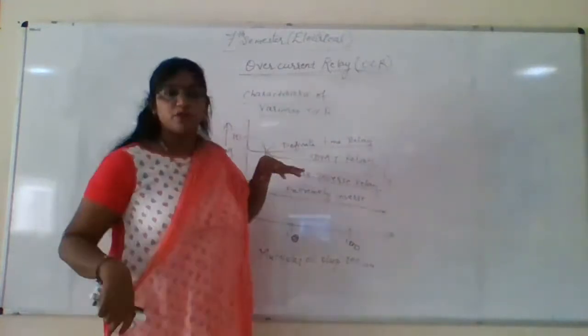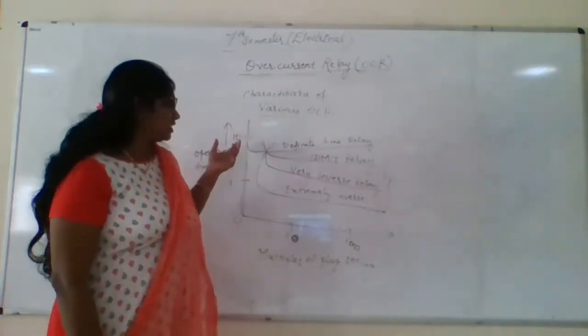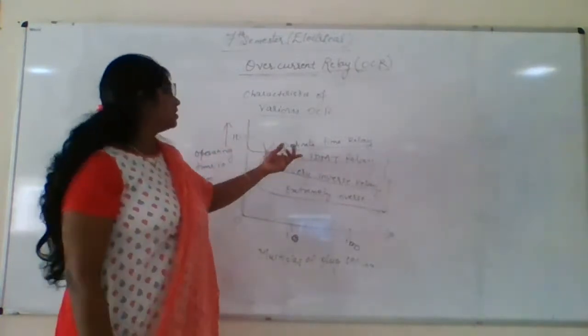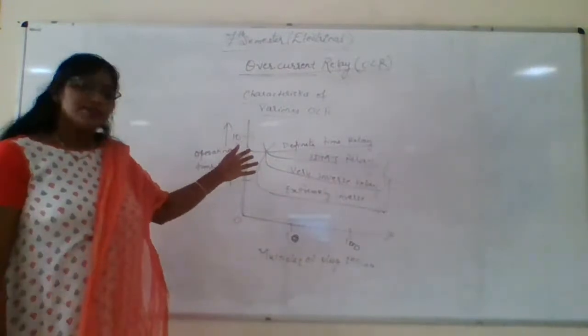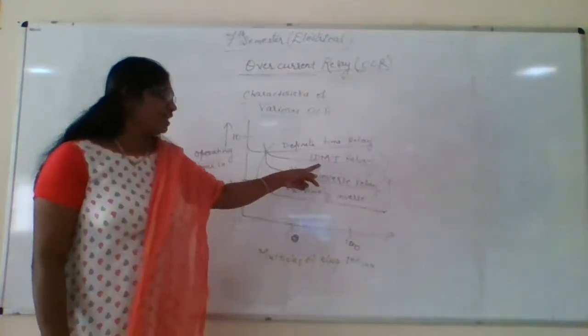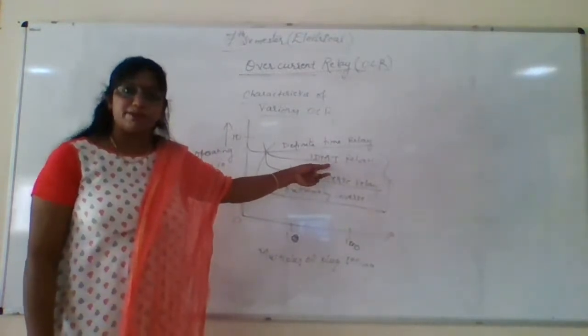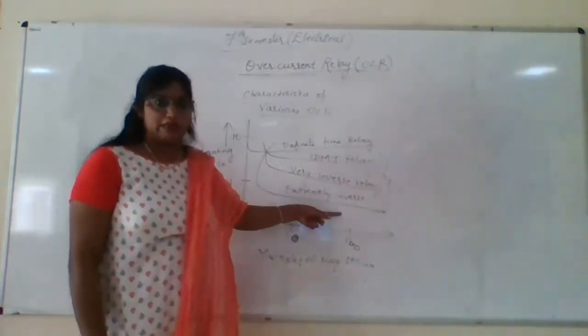Now, what are the types of overcurrent relay? There are three types: the first is the instantaneous overcurrent relay, the second is the definite time overcurrent relay, and the third is the inverse overcurrent relay. In the inverse we are having IDMT, inverse definite minimum time relay, very inverse relay, and extremely inverse.